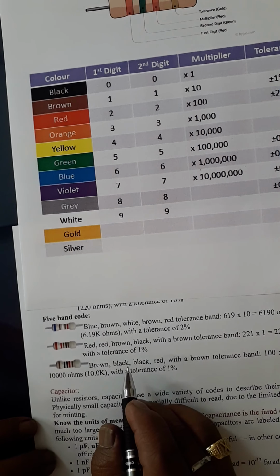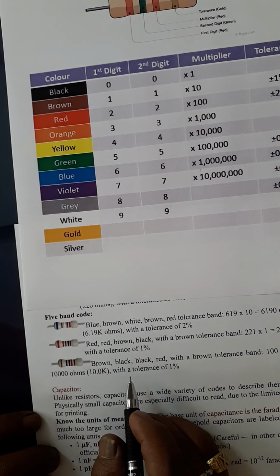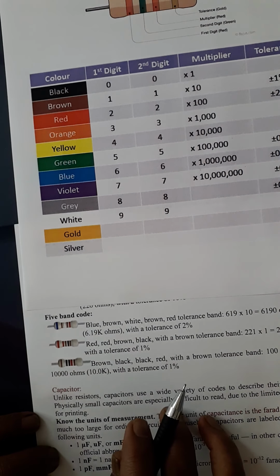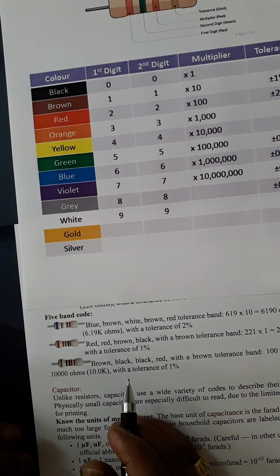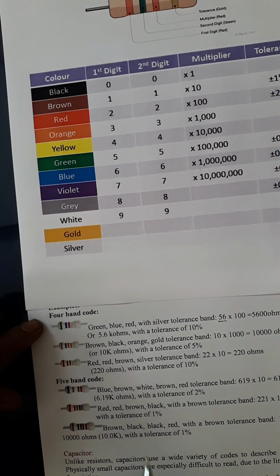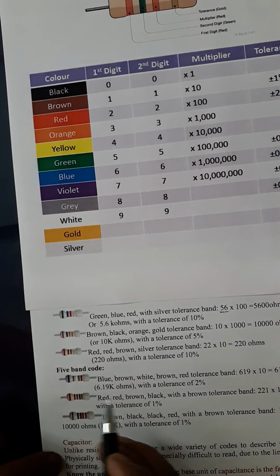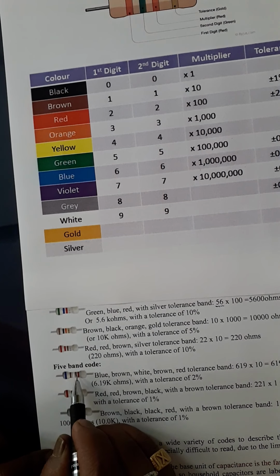Suppose the resistor has a 5 band code, we have to read it the same as the 4 band code. But only one thing, here I have to add the fourth band value.